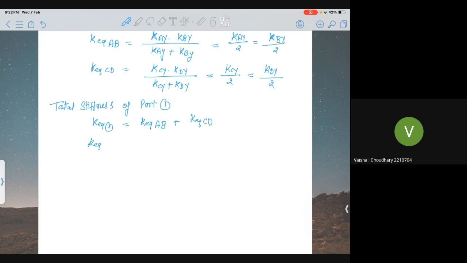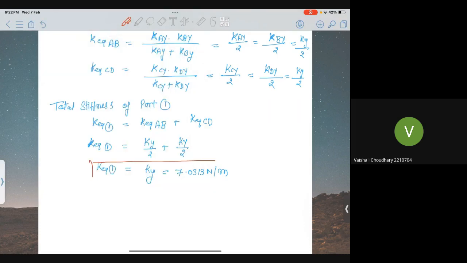So we can write it as K equivalent of AB is what? Ky by 2. So this is Ky by 2, and this is also Ky by 2. Equivalent of 1 is Ky. So this is a total. So this is Ky, which is 7.0313 Newton per meter.